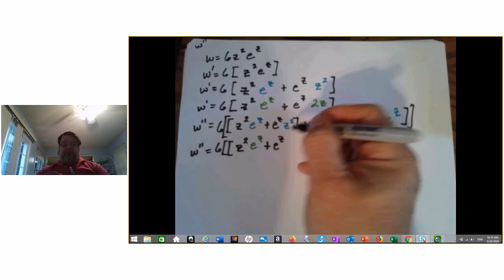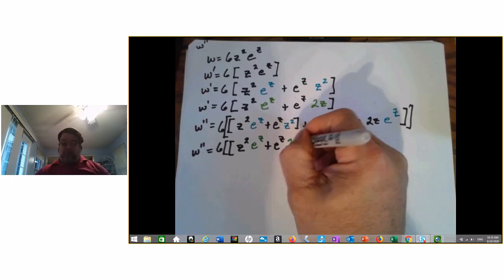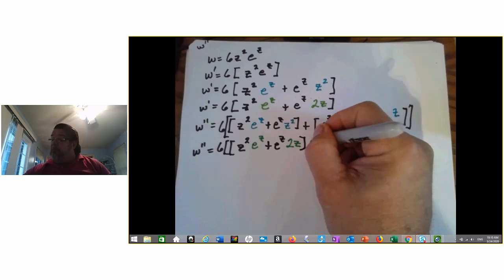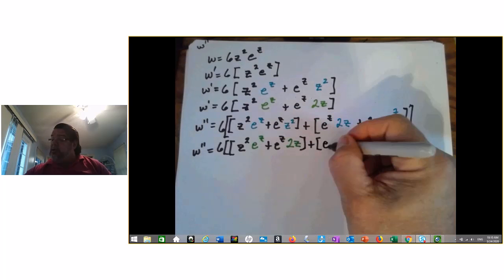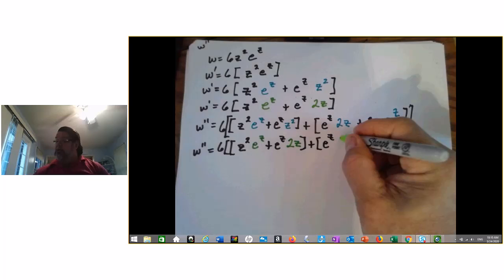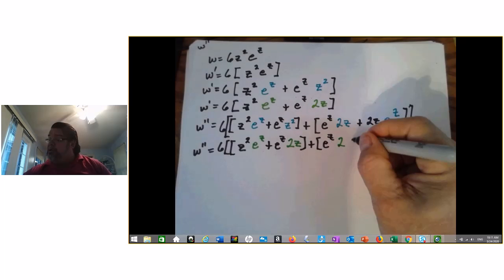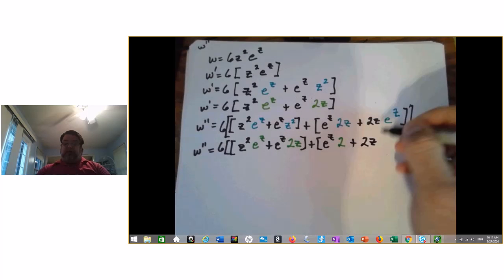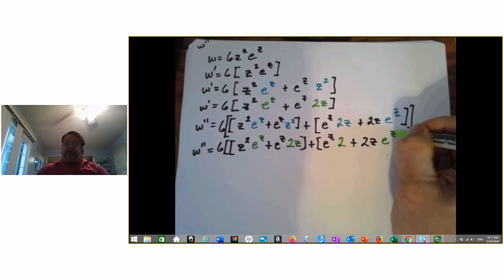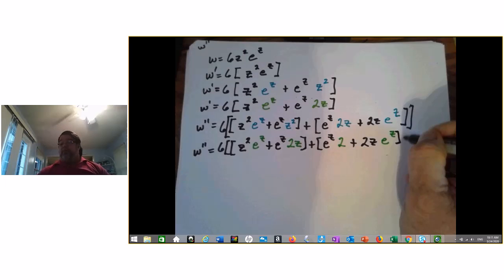What's the derivative of z squared? 2z plus e to the z. What's the derivative of 2z? 2. Plus 2z times e to the z. Okay, your calculus is done. Now what is it? Algebra.